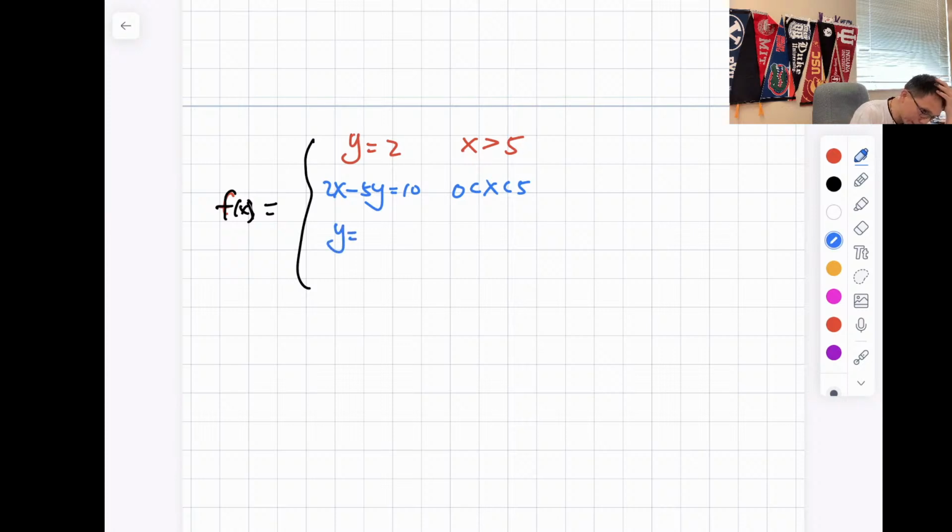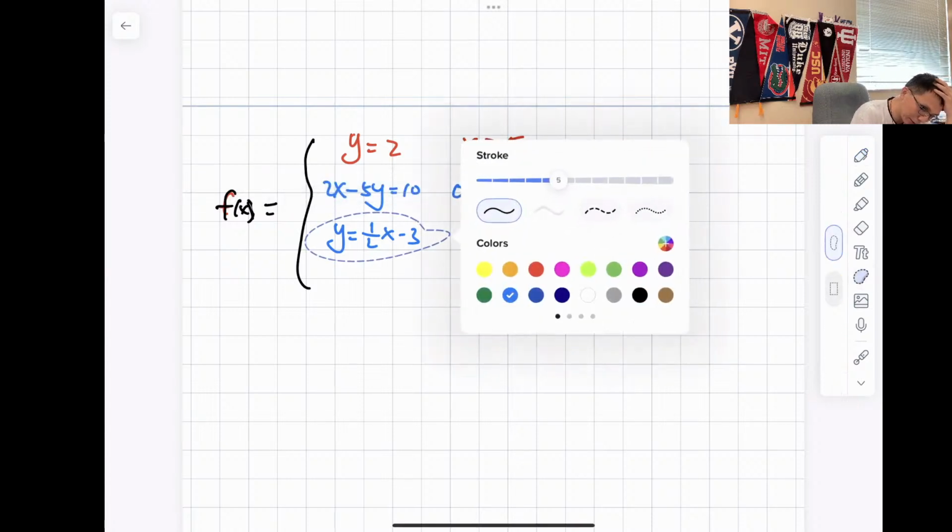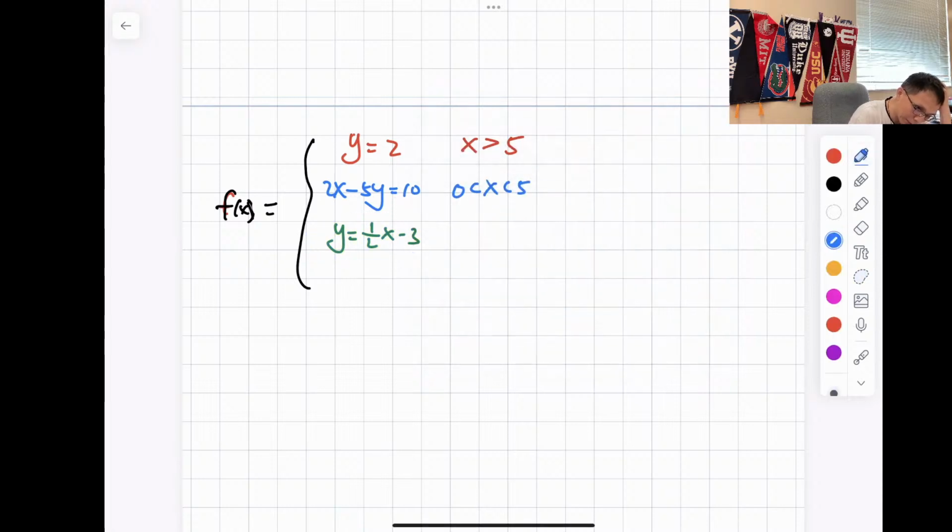And y is equal to 1/2 x minus 3. Oh, I should use a different color. Let me use a green. And this one is for x less than 0 and greater than -2.